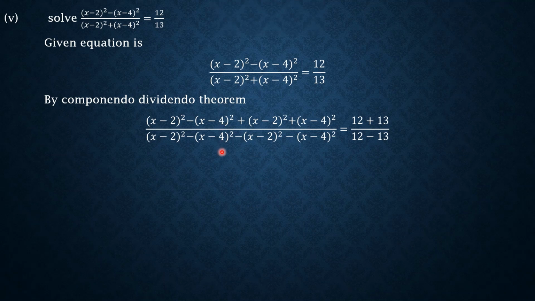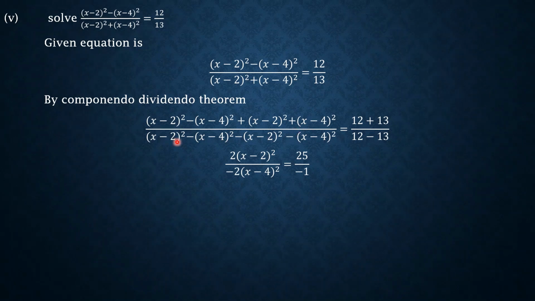Now by componendo dividendo theorem, the above fraction can be simplified as x minus 2 whole square plus x minus 2 whole square will give us 2 into x minus 2 whole square, and the terms with opposite signs will be cancelled by each other.